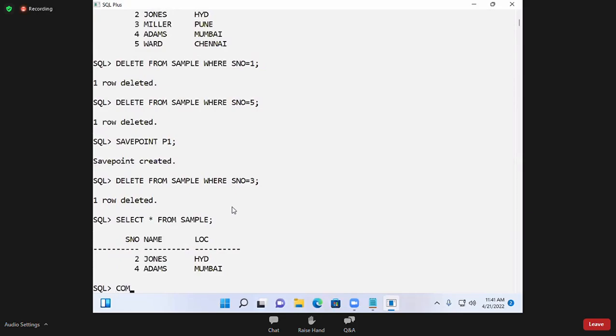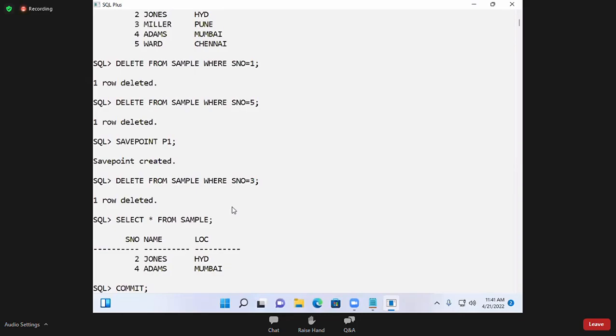Now, if I did commit, what happens? Are all committed, or only the save point is committed? All are committed. Why, sir? Because all are in the same memory. So how would it be said that all are rolled back? Here also all are committed. For the purpose of committing all, is it necessary to create a save point? Not necessary. Whether you create a save point or not, if you do commit, then it is committed.